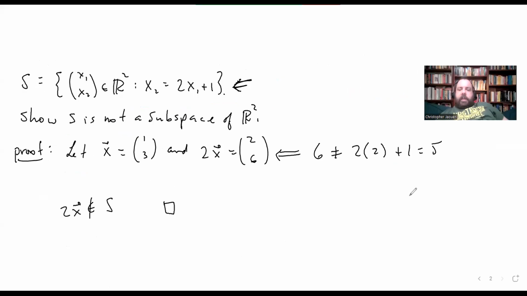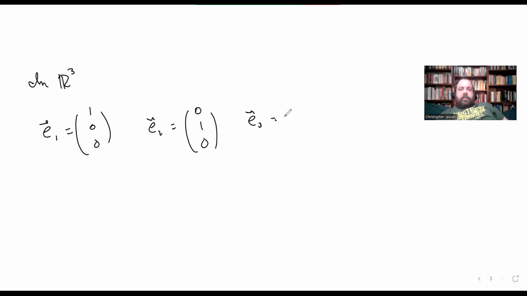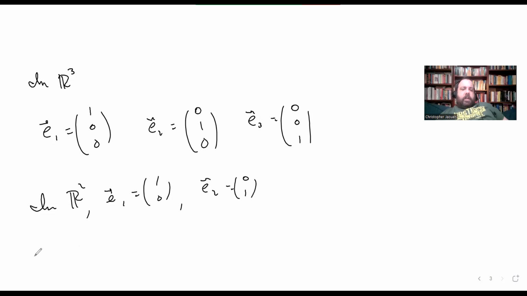For example, in R3, e1 is the vector 1, 0, 0. e2 is the vector 0, 1, 0. e3 is the vector 0, 0, 1. In R2, e1 is 1, 0. e2 is 0, 1.